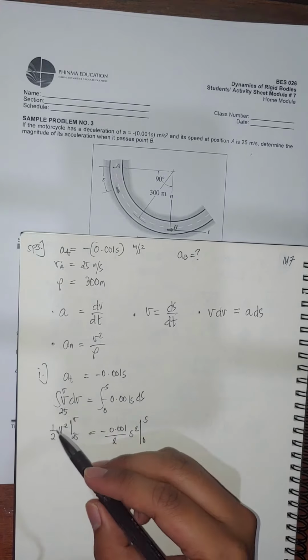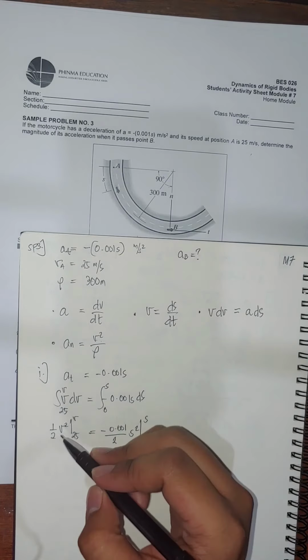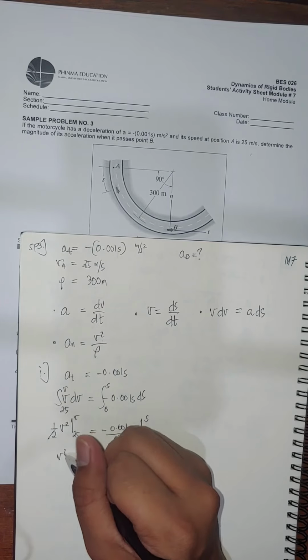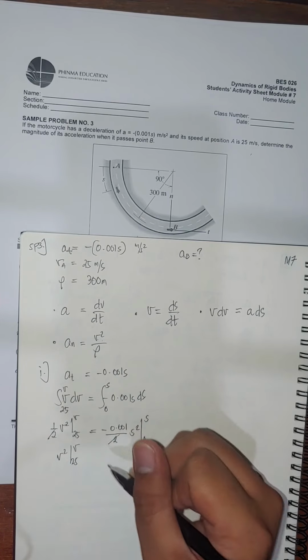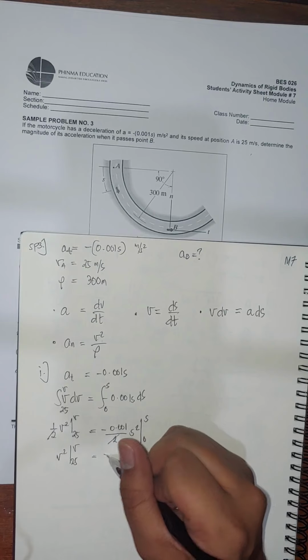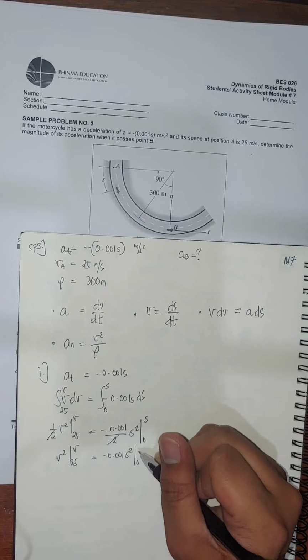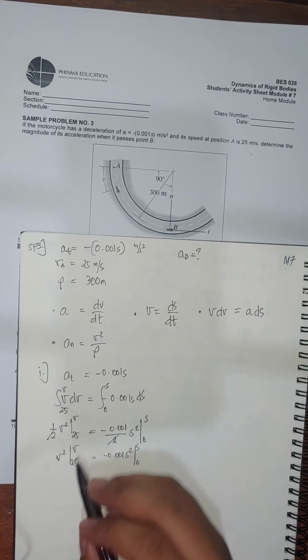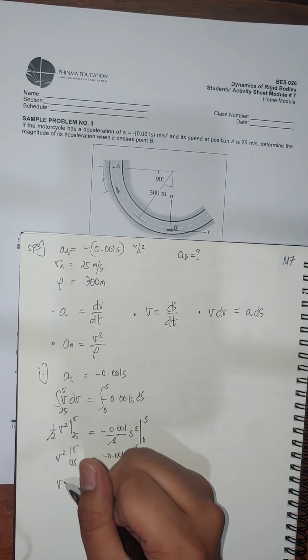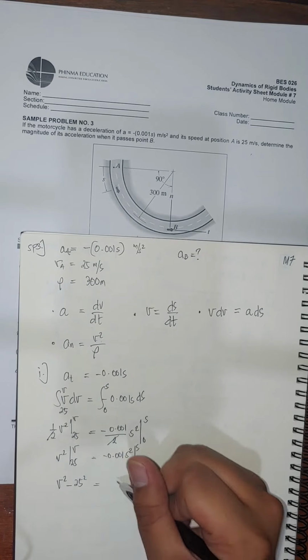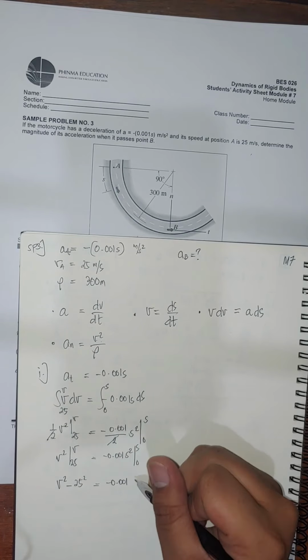Since there is a 1/2 on both sides, we can cancel it to make solving easier. So v squared from 25 to v equals negative 0.001 s squared from 0 to s. Let's finalize the formula: v squared minus 25 squared equals negative 0.001 s squared.